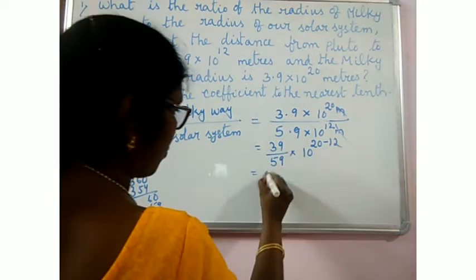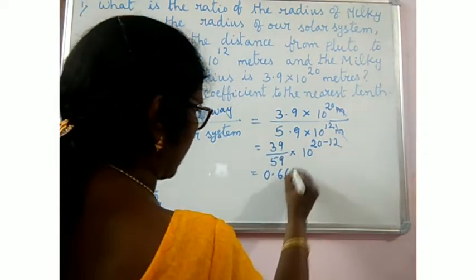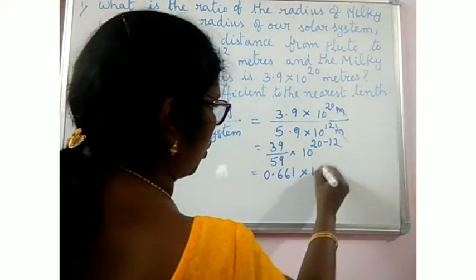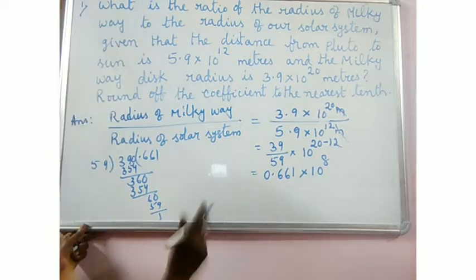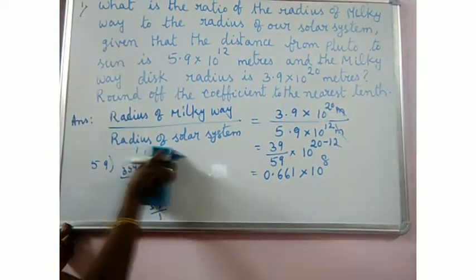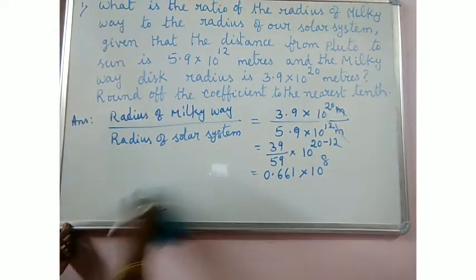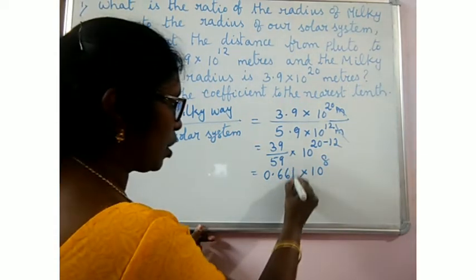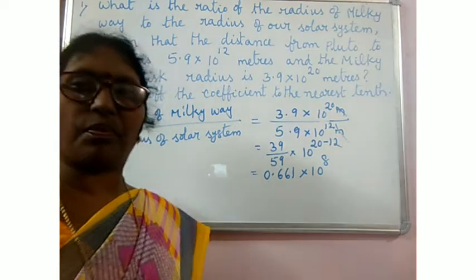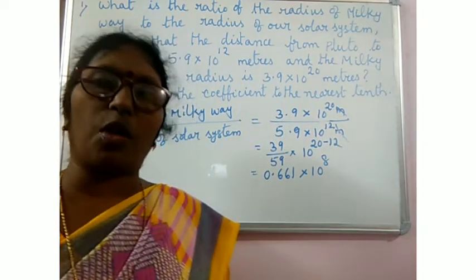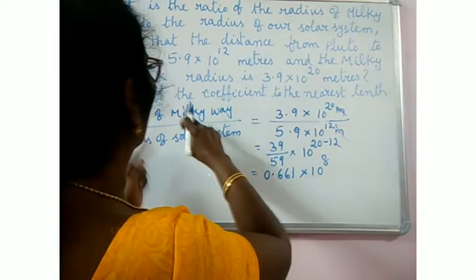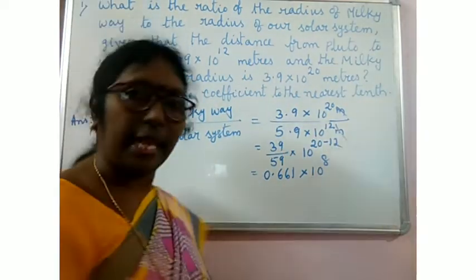So 39 by 59 is 0.661 into 10 to the power 20 minus 12, that means 10 to the power 8. 0.661. We have to show the answer always in scientific notation, but here it is given to round off the coefficient to the nearest tenth.